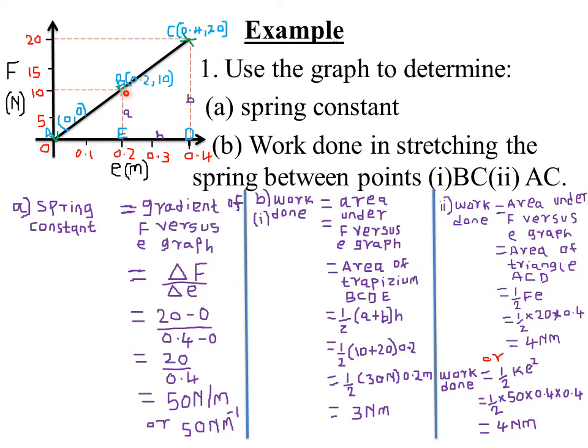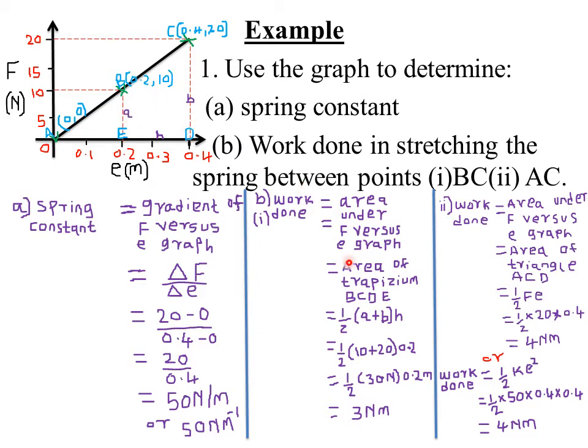The trapezium B, C, D, E has parallel sides DC and BE or EB, and the height is ED. This is our height, and these are the two parallel sides of the trapezium.